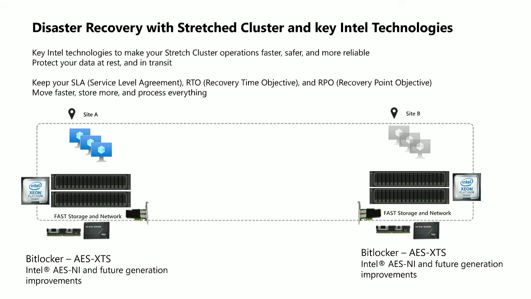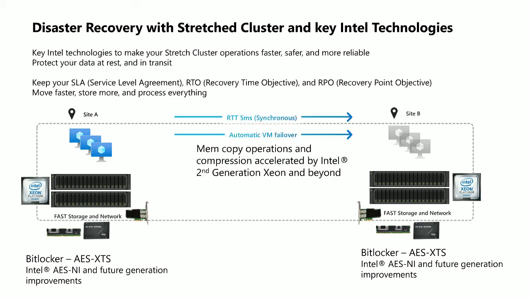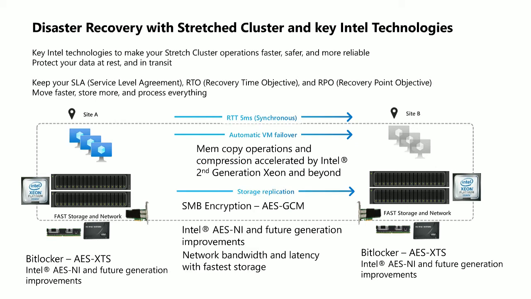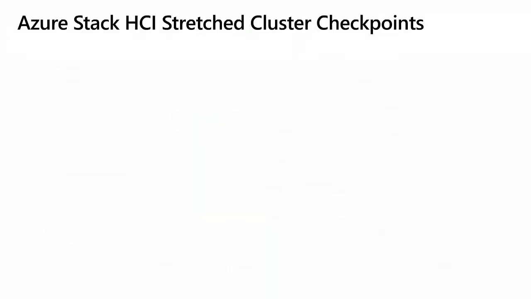It's optional, but if you use it, SMB encryption does use AES-GCM. And again, it goes back to Intel instructions that we optimize for fast encryption so you can use encryption seamlessly.